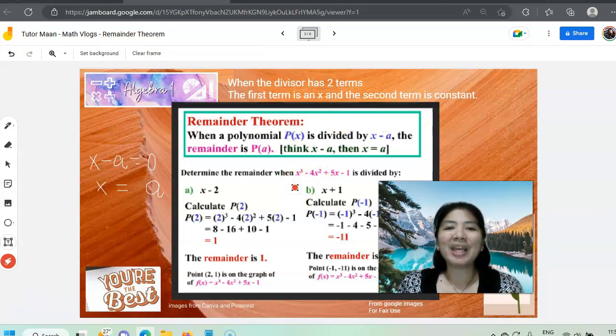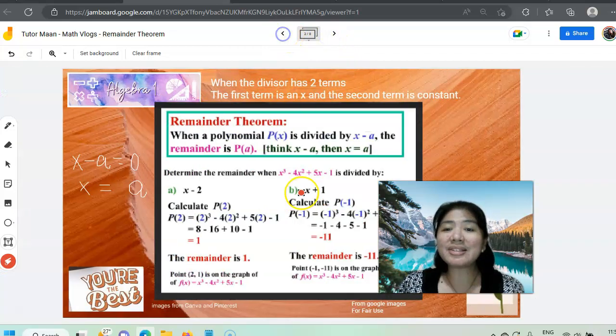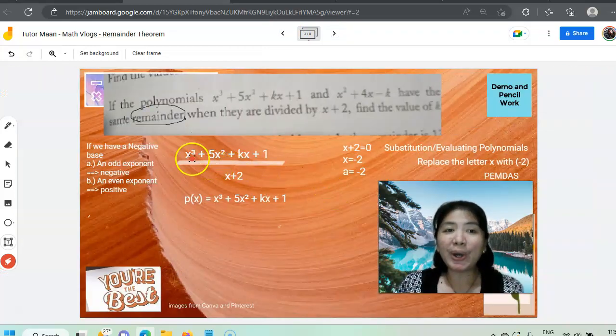So what can we get from the remainder theorem, or how is it being derived? Based on my study, we can assume that the divisor is a factor of this polynomial.